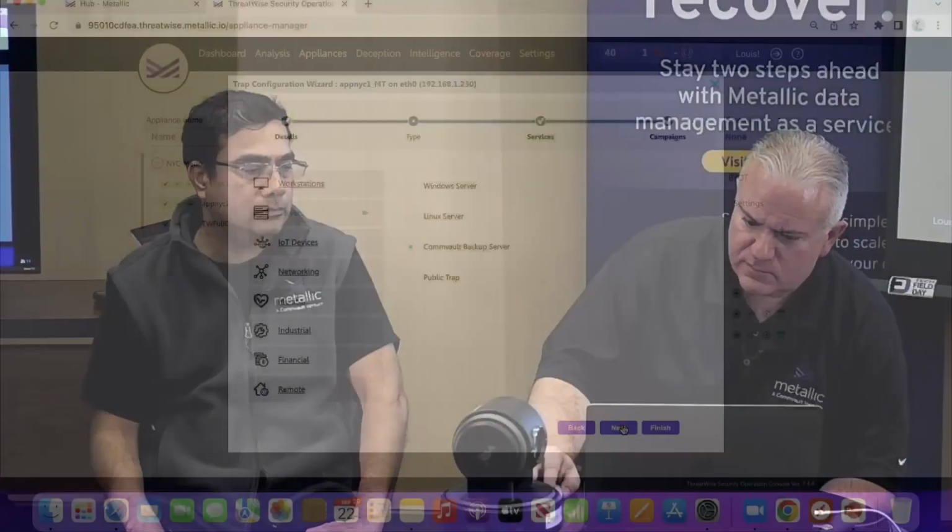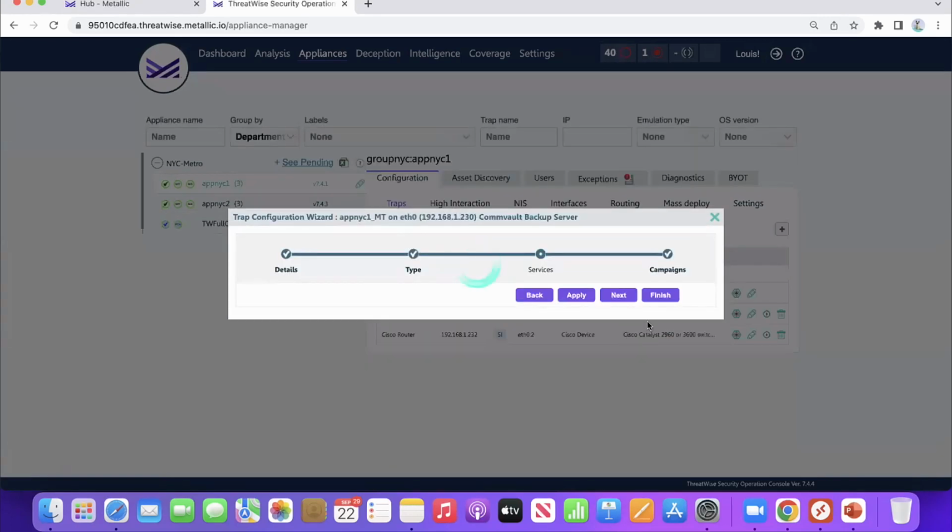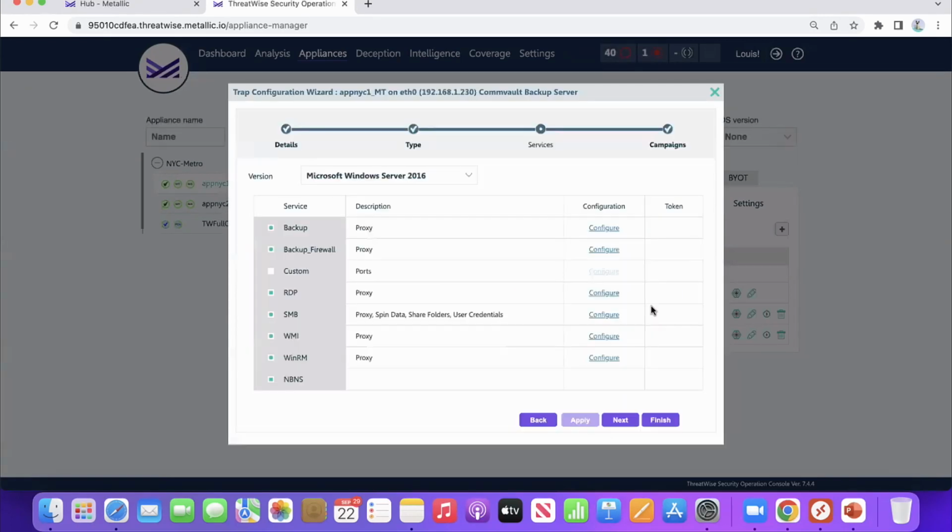But if you could show how the Commvault emulation works, and the simplicity with which you can pretend to be Commvault in order to protect Commvault, that is very interesting. This would resemble the Commvault backup service running on a Windows Server 2016.